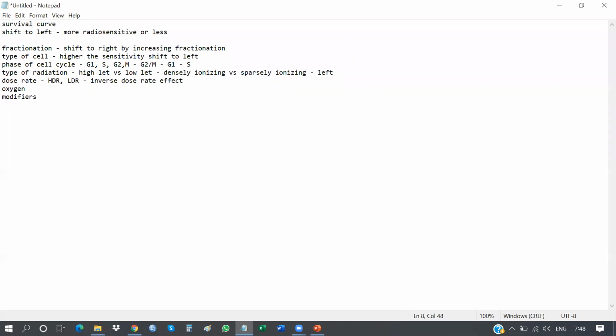The ones in S phase remain behind. Now, by the time the next dose is coming in the low dose rate range, the cells have moved towards the sensitive phase again, from S phase to G2M phase. So at that particular time point and that particular dose rate range, the cell survival curve shifts to the left. Rather, they are more sensitive.